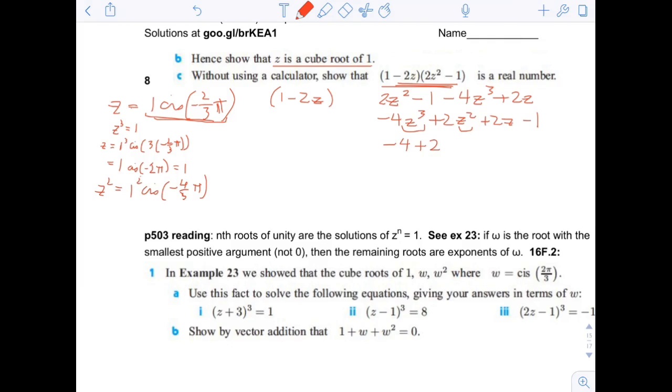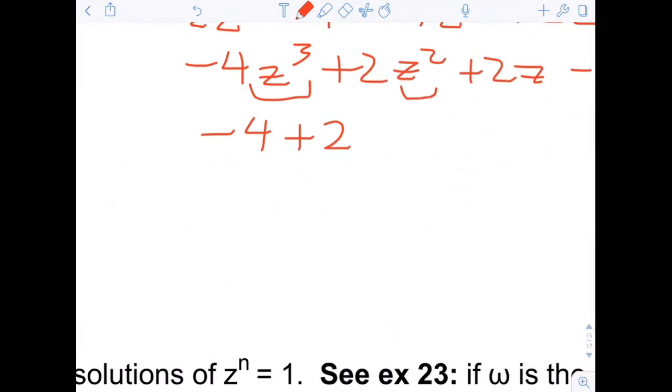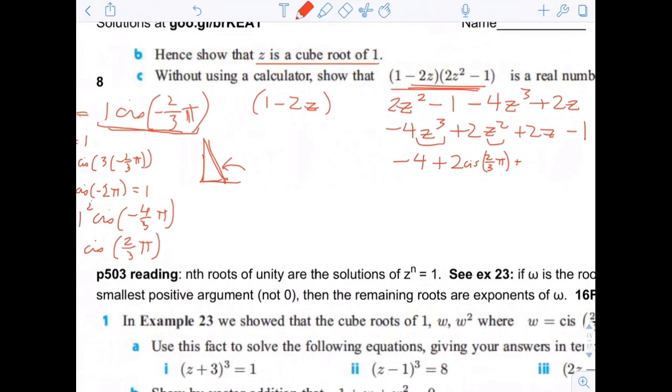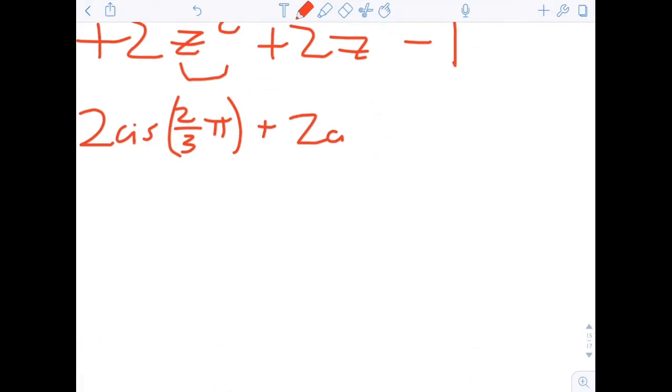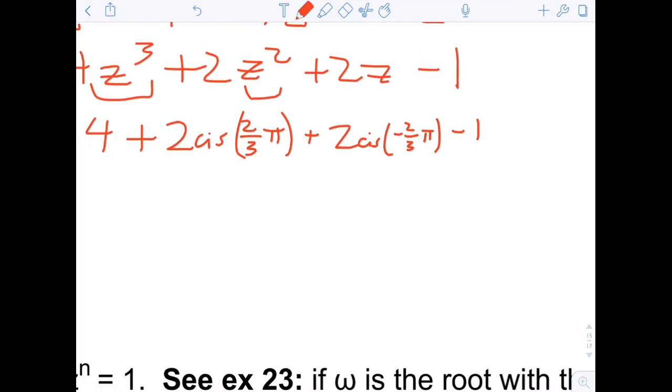Negative 4/3 pi, with a 30, 60, 90 triangle, we could rewrite as 2/3 pi, right? So that would be cis 2/3 pi. So we could put that here, cis 2/3 pi. And then plus 2z, which would be plus 2 cis negative 2/3 pi. And then minus 1.